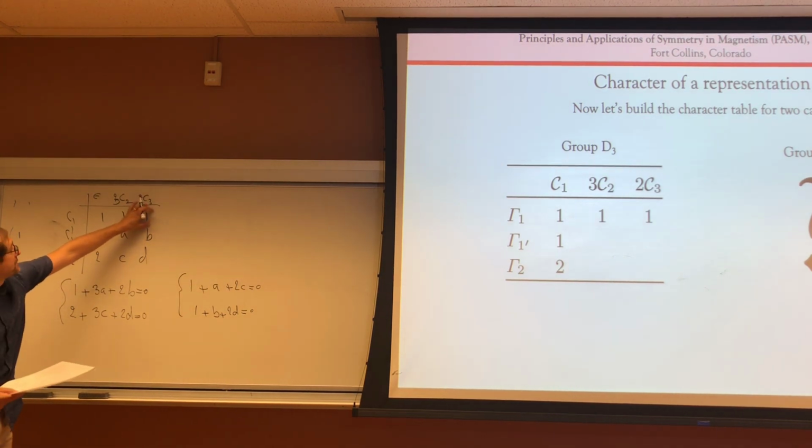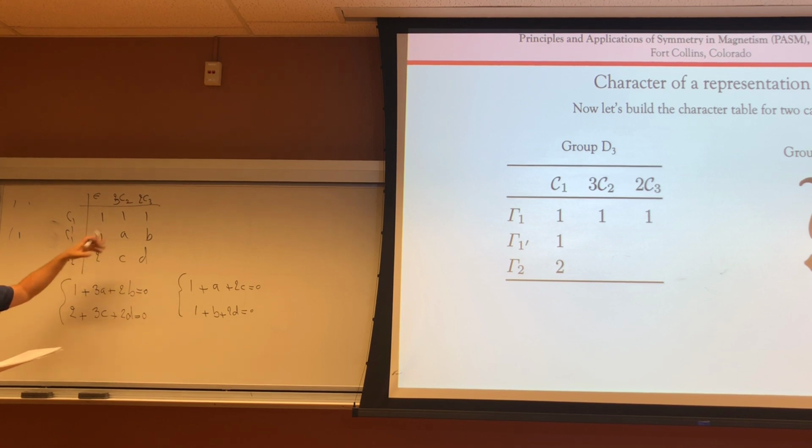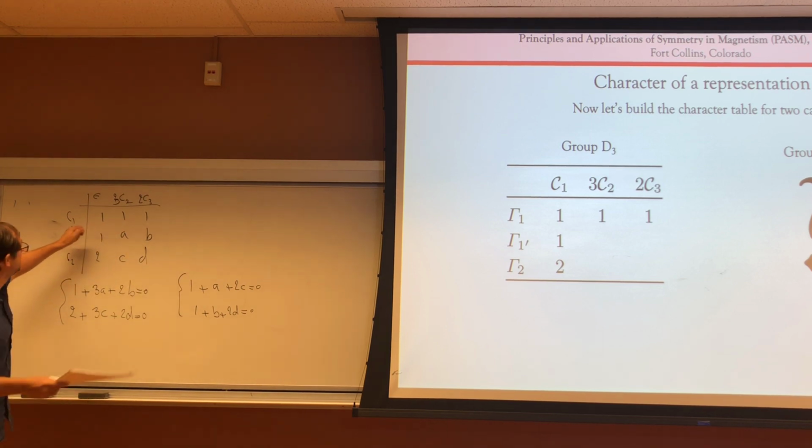Those two columns here are set by the system. This one is always 1 because it's the character of the trivial representation, so nothing is interesting, just ones everywhere. And the characters here are just the dimensionality of the representation. So those are always given in a sense.